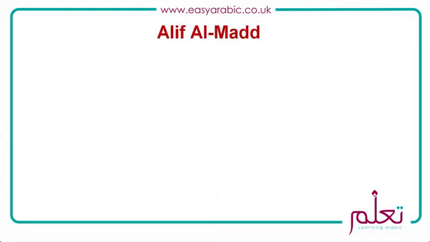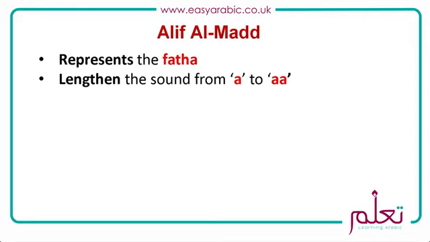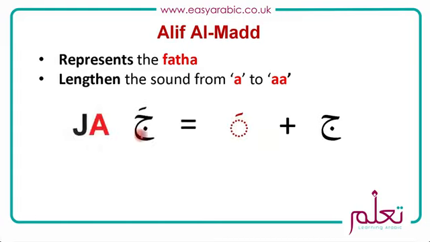The alif al-mad represents the fatha, and it lengthens the sound from the a made by the fatha to a longer a. So you're slightly extending the fatha. If we look at the letter Jim and add the fatha, this is how the short vowel is written: ja.